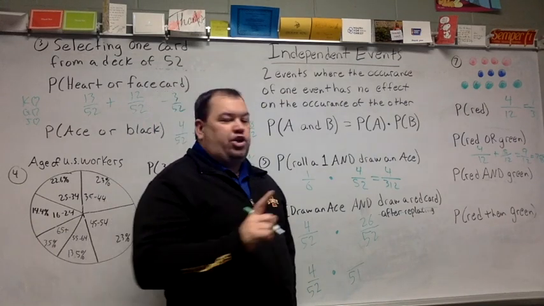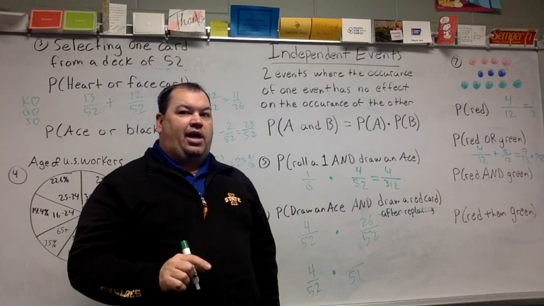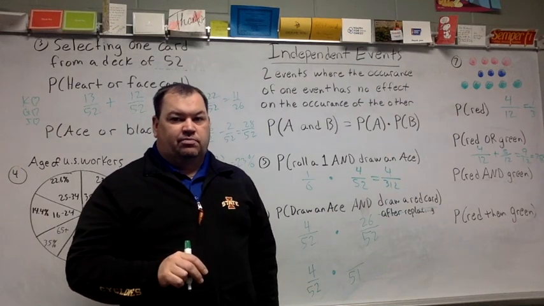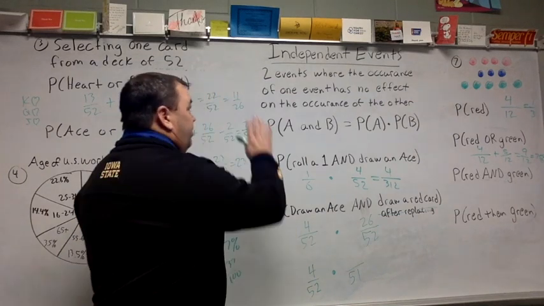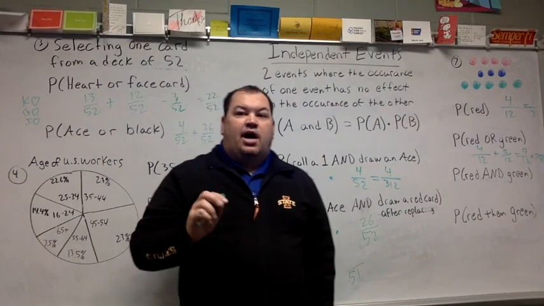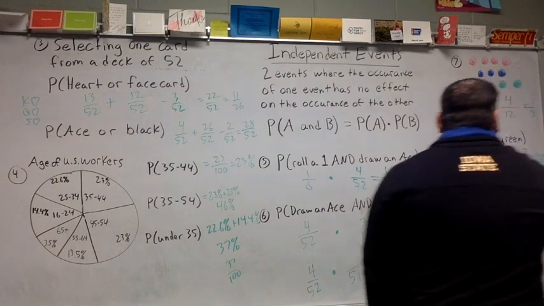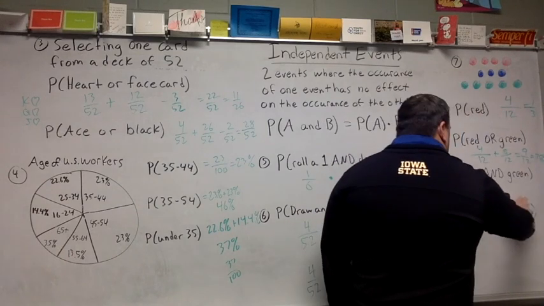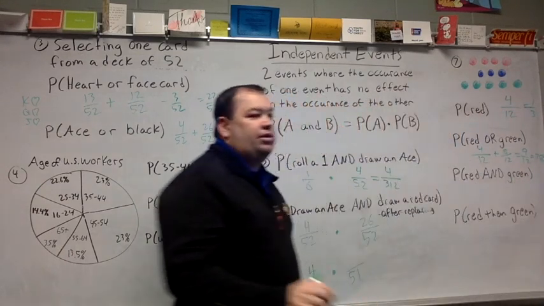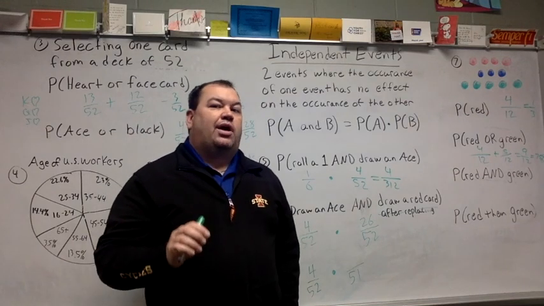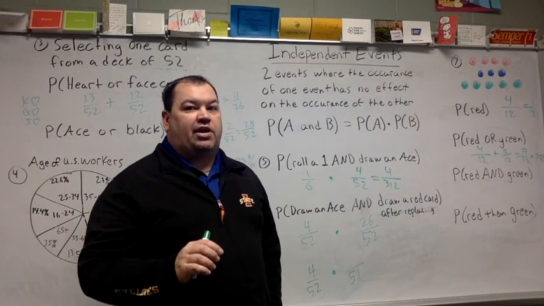The last 2 I changed. Now I have 2 events. So now we're dealing with independent and dependent events. I'm going to replace them. So the probability of drawing a red marble and then drawing a green marble, and I'm going to put it back. Okay, so I'm going to do these as 2 separate events.